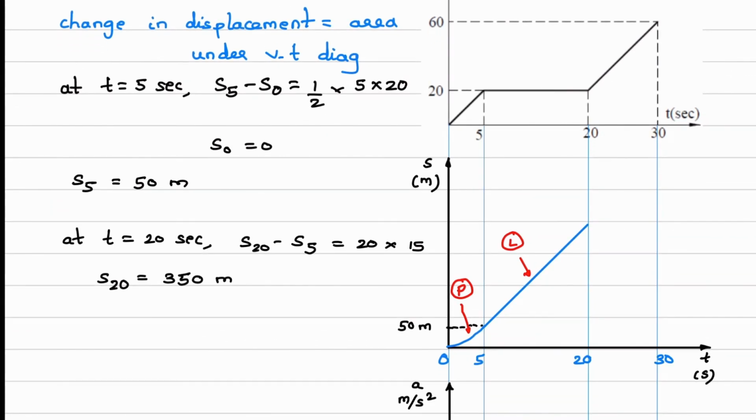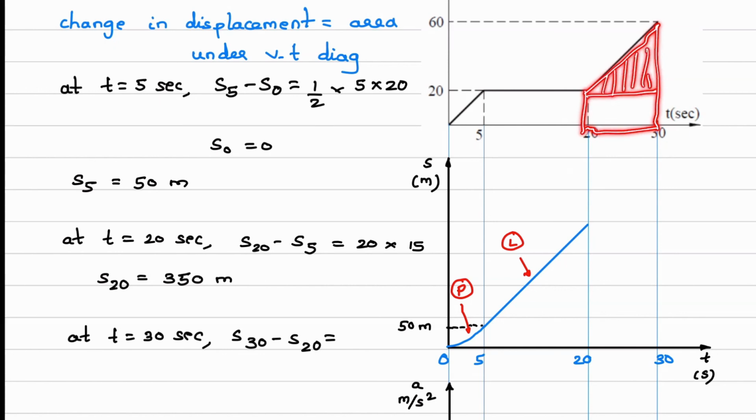Next, we'll consider this point. So S30 minus S20 at t equal to 30 seconds. S30 minus S20 is equal to area under VT diagram. What is this area? It will be area of this triangle and area of this rectangle. What is area of this rectangle? What is the base? It will be 30 minus 20, 10.